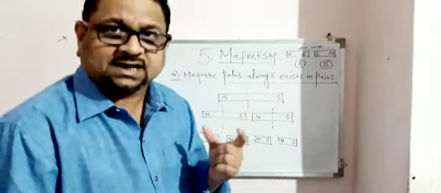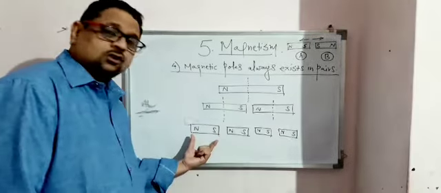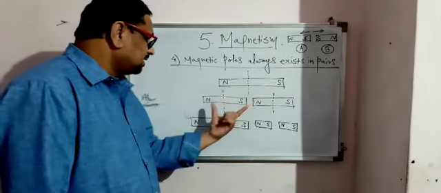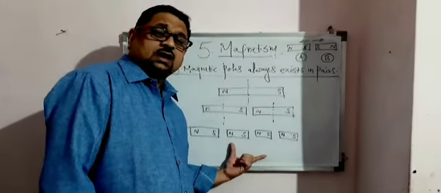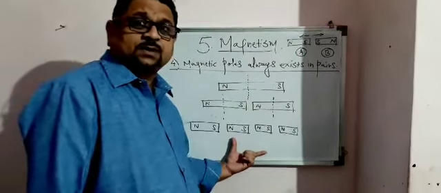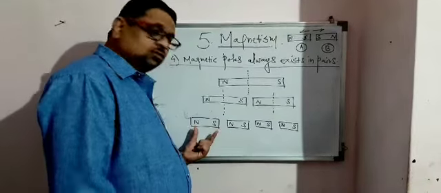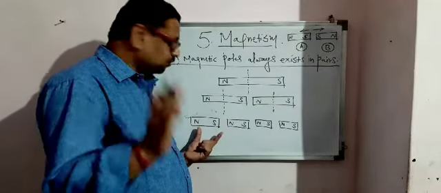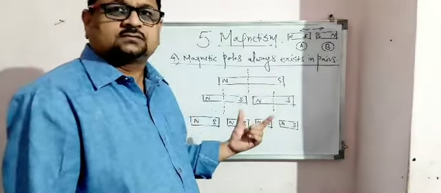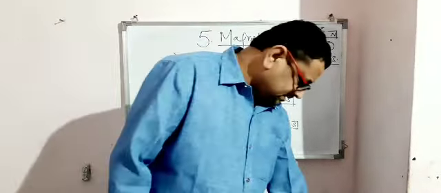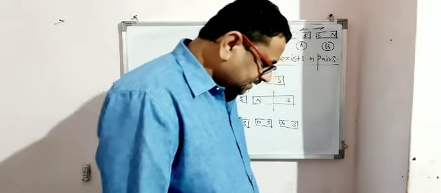A magnet always has a dipole, north and south. If one magnet is divided into two, or into four, it always exists in pairs. No monopole is there. So this is also one of the important properties: magnetic poles always exist in pairs.